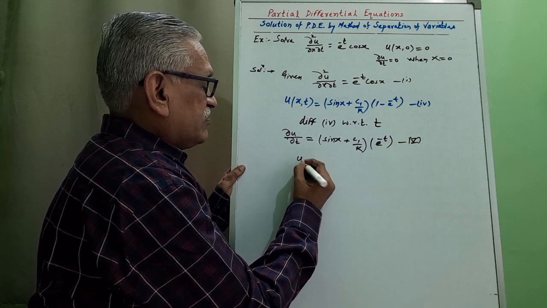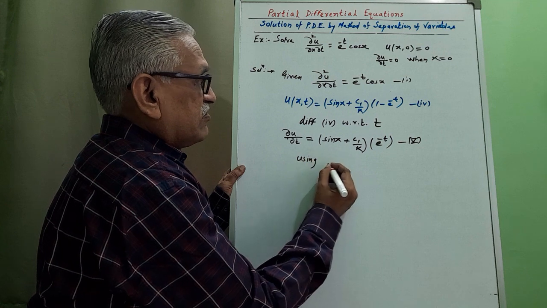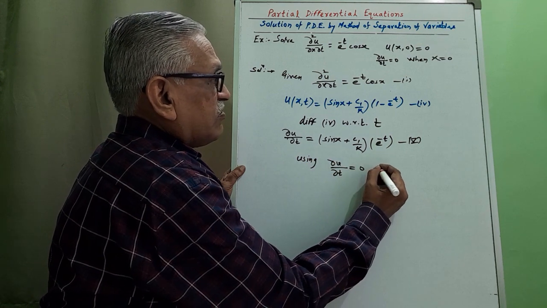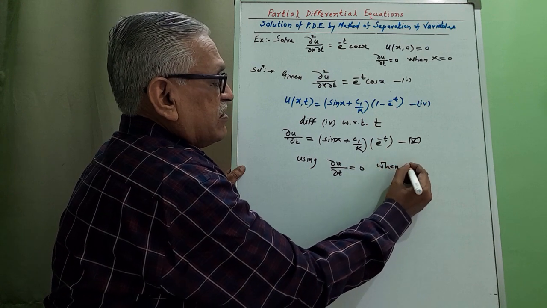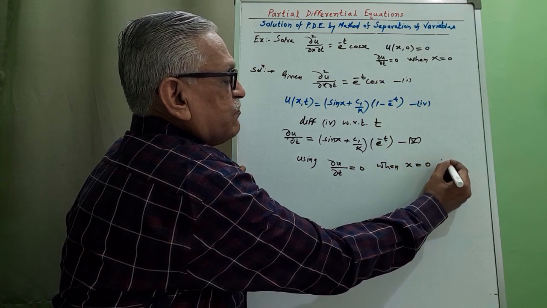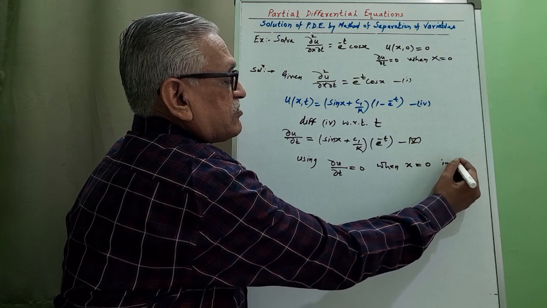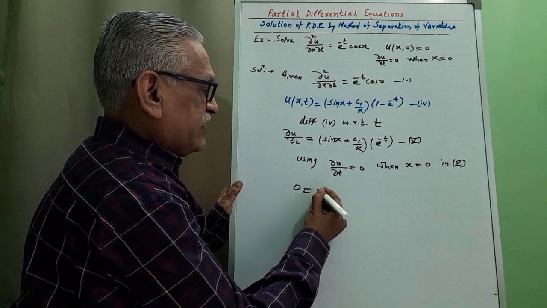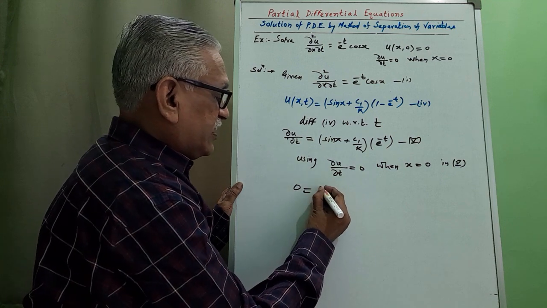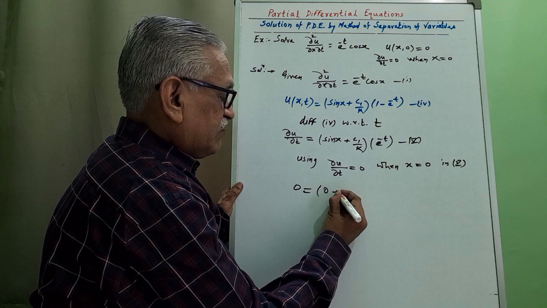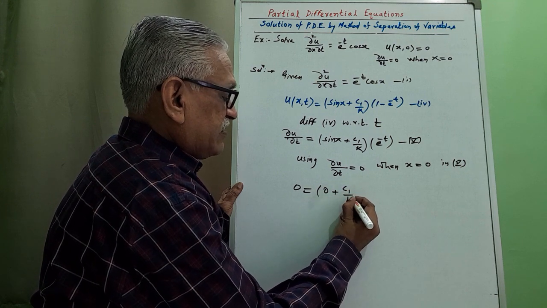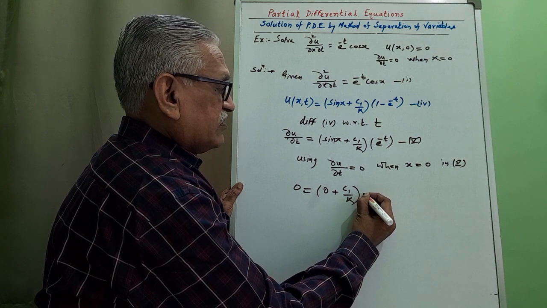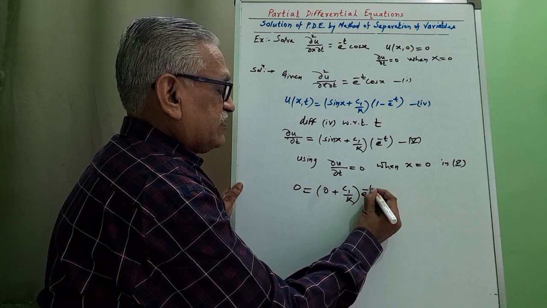Using the condition dou u by dou t is equal to 0 when x is equal to 0, in equation 5 we get left hand side is 0, right hand side is, that term becomes sin 0 is 0, plus c1 by k into e raised to minus t.